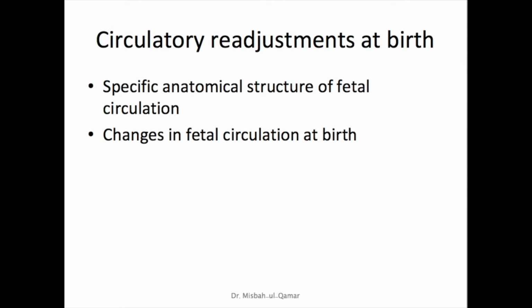You should also know that in the fetus, since the pulmonary arterial pressure is very high, the blood passes from the pulmonary artery into the aorta via the ductus arteriosus. But in neonatal life, since the systemic arterial pressure is more than the pulmonary arterial pressure, the blood passes in the opposite direction in the ductus arteriosus, meaning it passes from the systemic aorta into the pulmonary aorta.